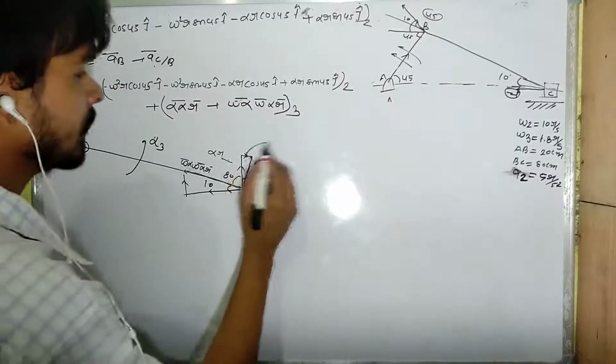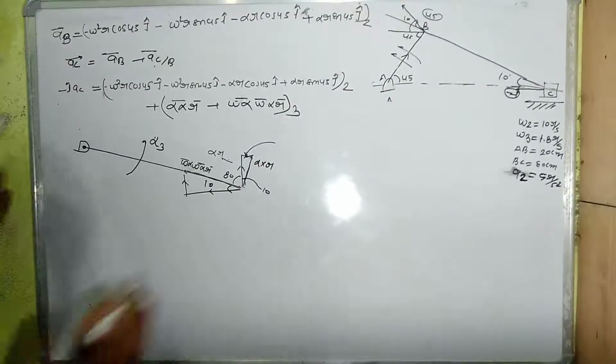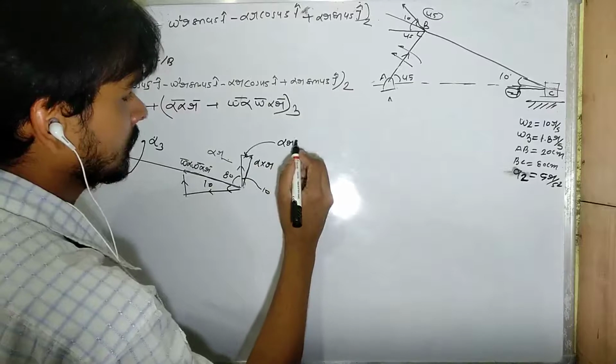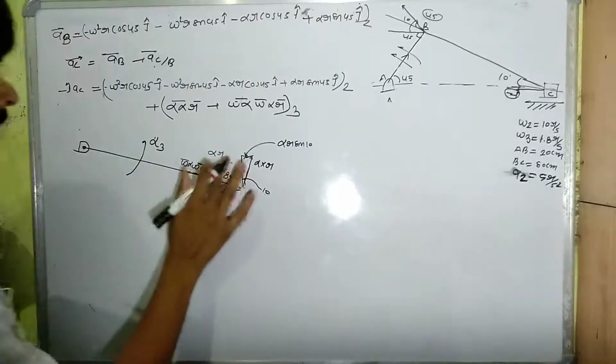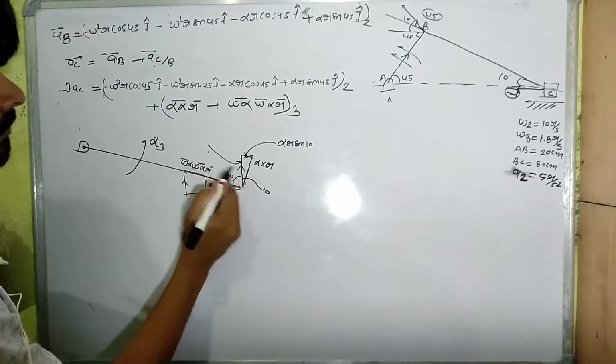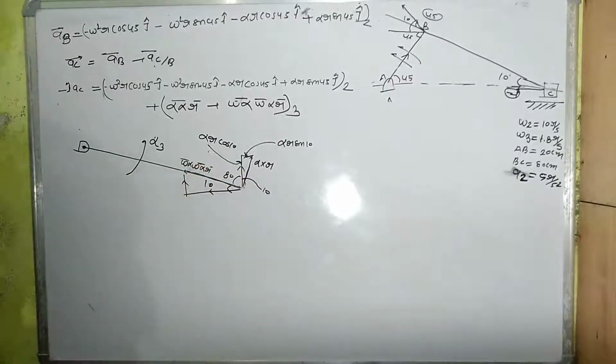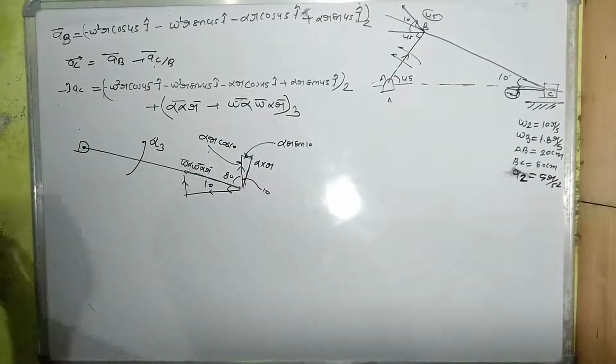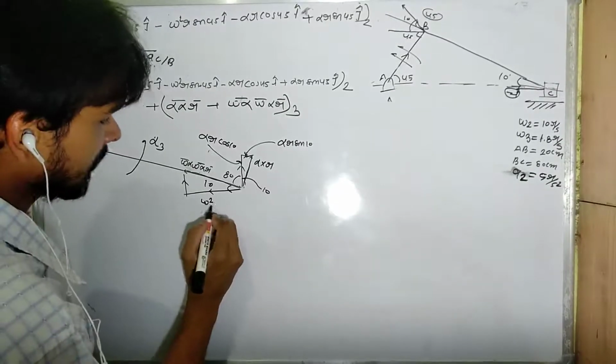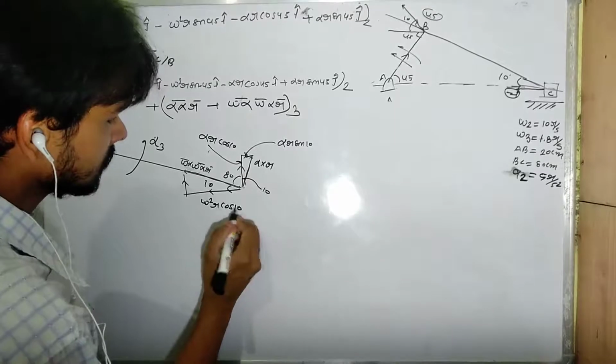So this length will be, look at here, alpha r sin 10 and this will be alpha r cos 10. Am I right? Okay. This will be omega square r cos 10.